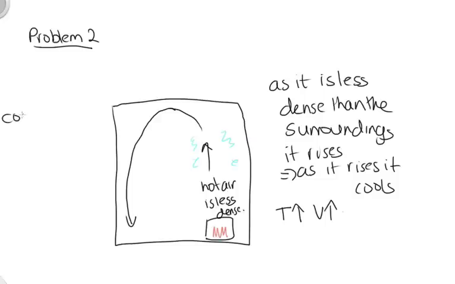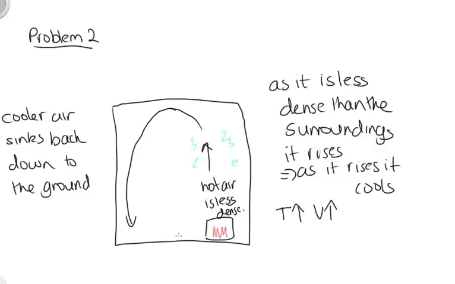So cooler air sinks back down to the ground. And so then it gets to the heater again, and we get convection currents like this forming in the room.